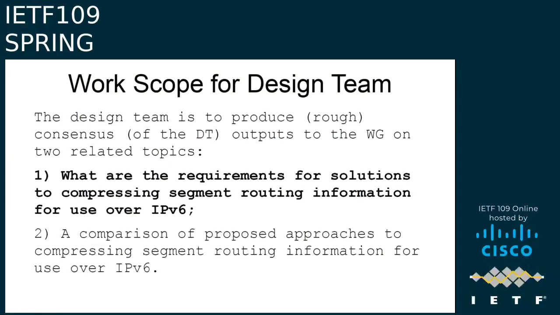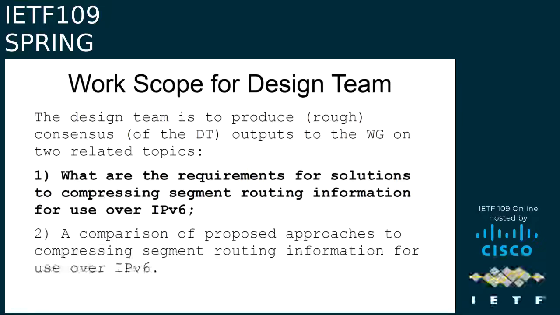As Charles just mentioned, in fact, we have a very clear scope for the design team. The design team is to produce some rough consensus output to the working group related to 2 topics.